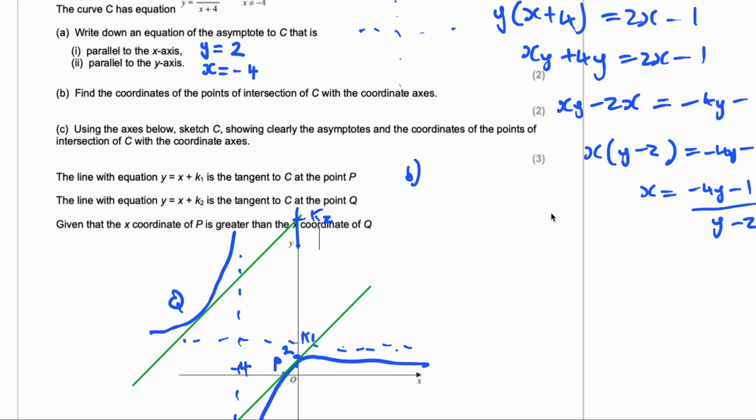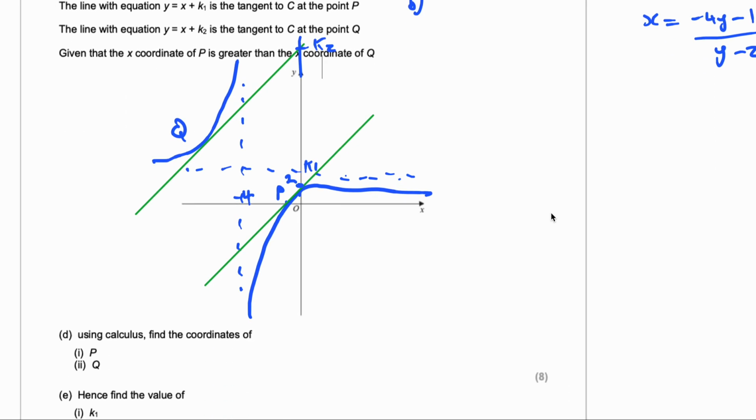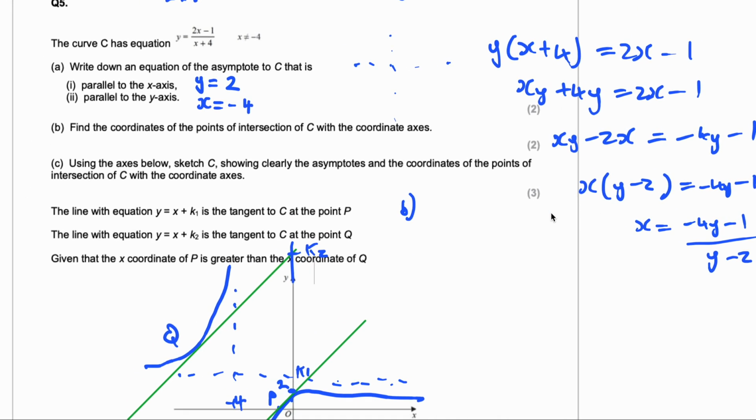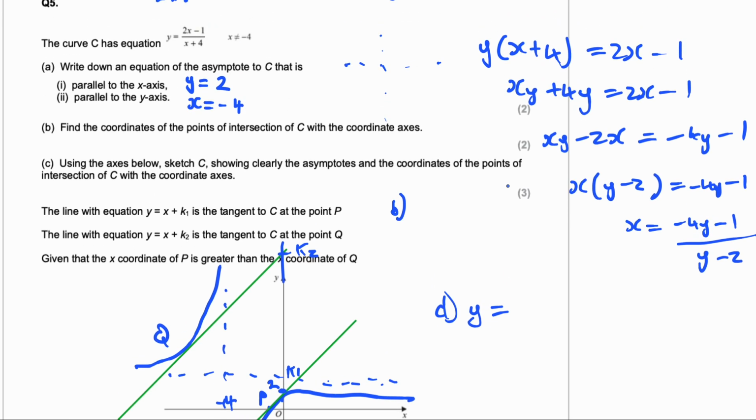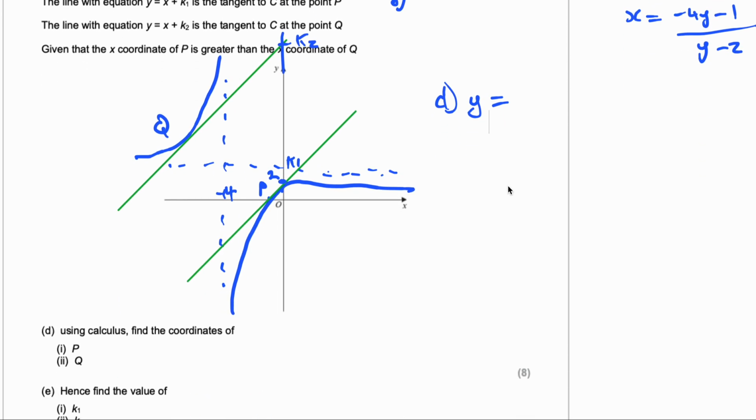Right. So to use calculus, what we need to do is differentiate our equation and find out when the gradient is equal to 1. So let's write our equation down. Our equation is y equals 2x minus 1 over x plus 4.